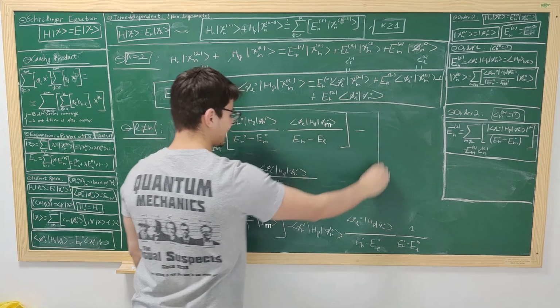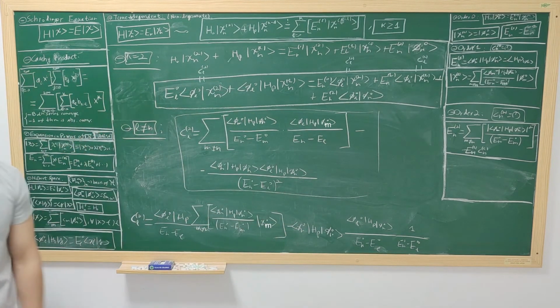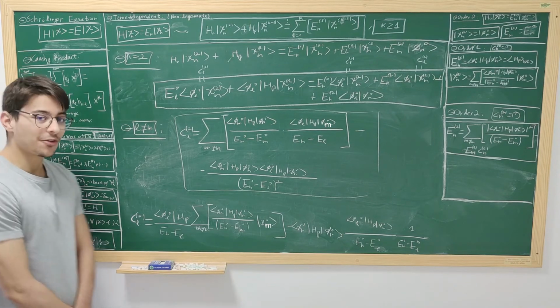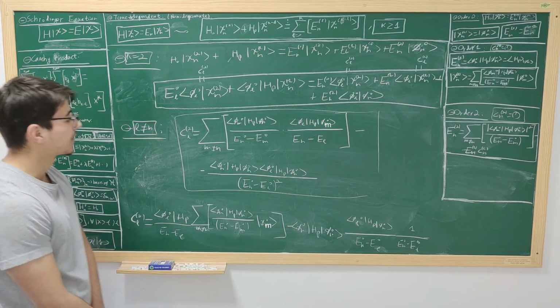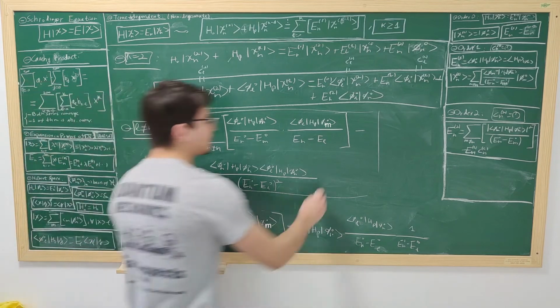So this expression is our coefficients for the second order correction to the wave function for L is not equal to N.